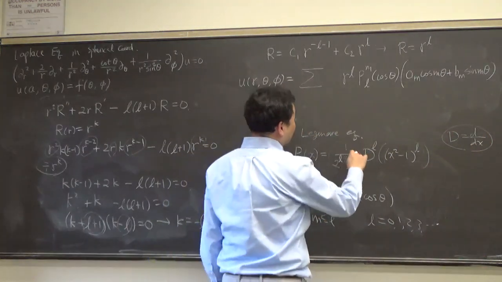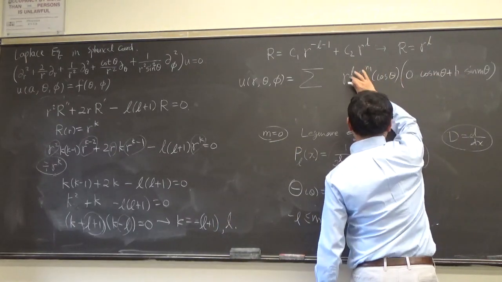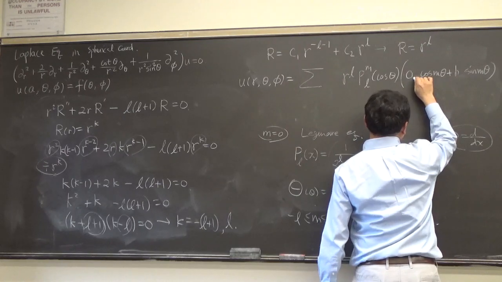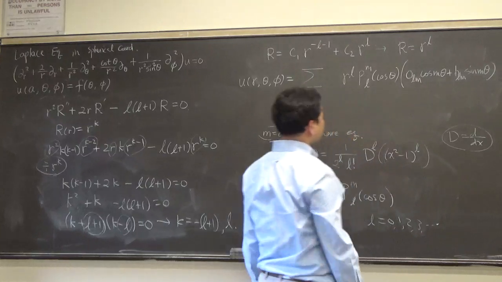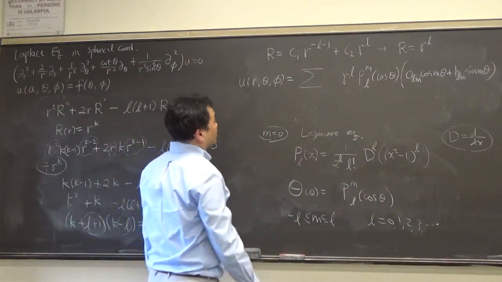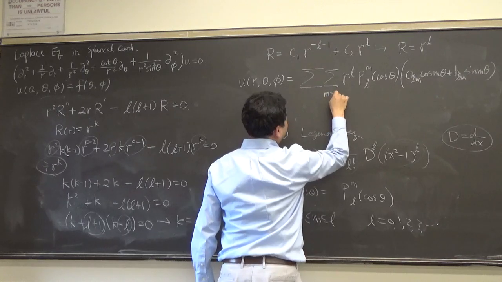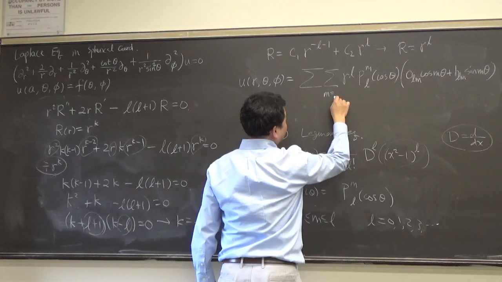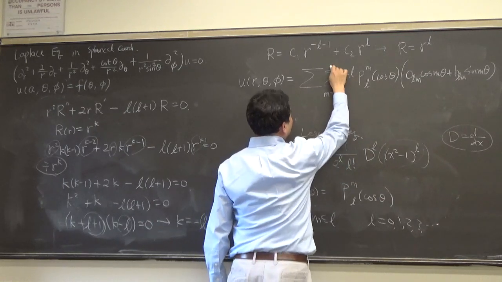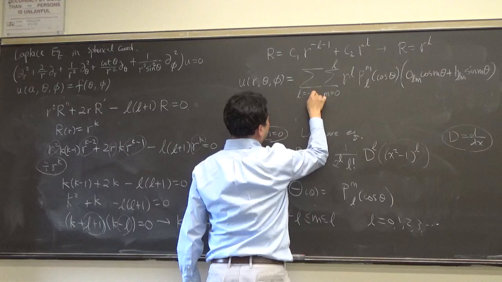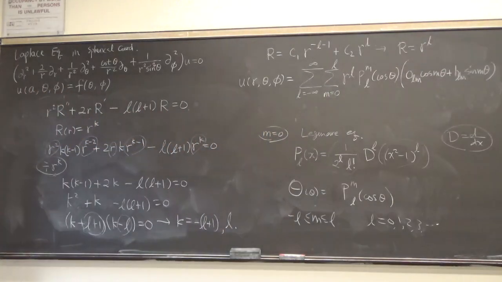But those coefficients can change with respect to l as well, so I'm going to put A_lm, B_lm. And then summation m goes from 0 to l, and l goes from 0 to infinity. Okay, that's how we should write it.